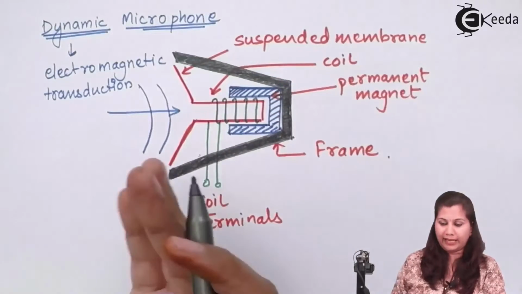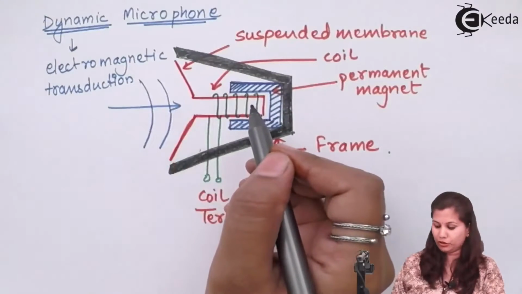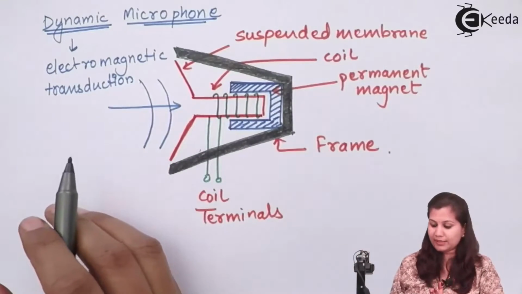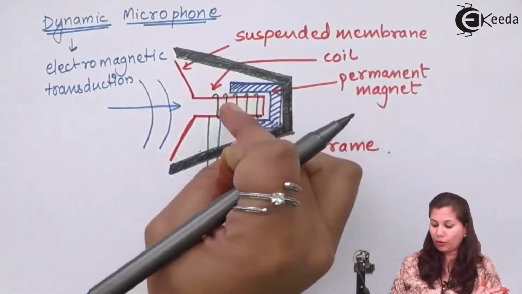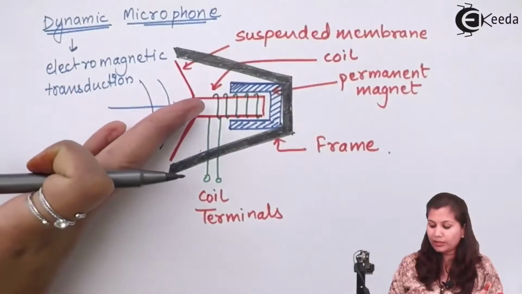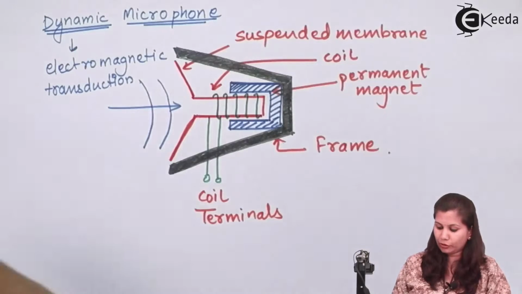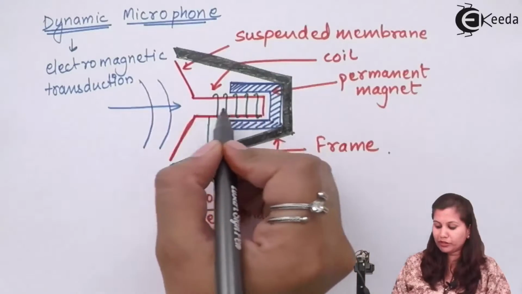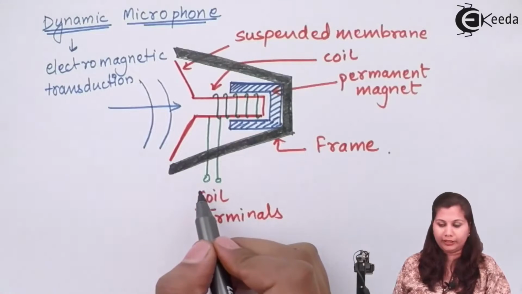This membrane is the diaphragm, and the membrane and coil are connected with each other. When the sound waves strike, the membrane pushes this coil inside the magnet. When the coil moves in this magnetic field, a voltage is generated.